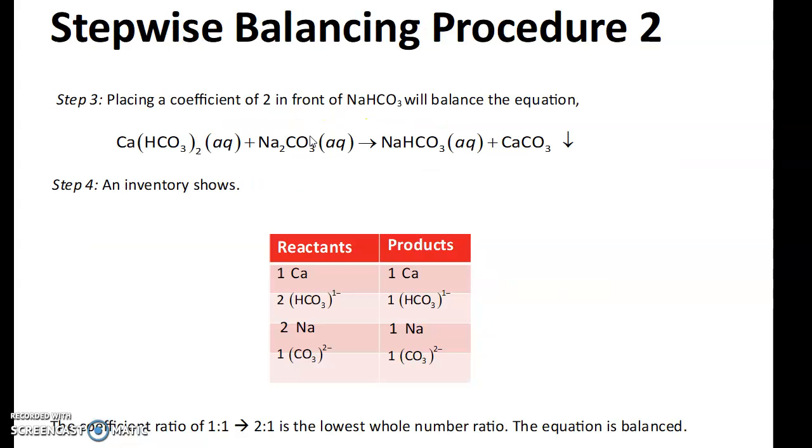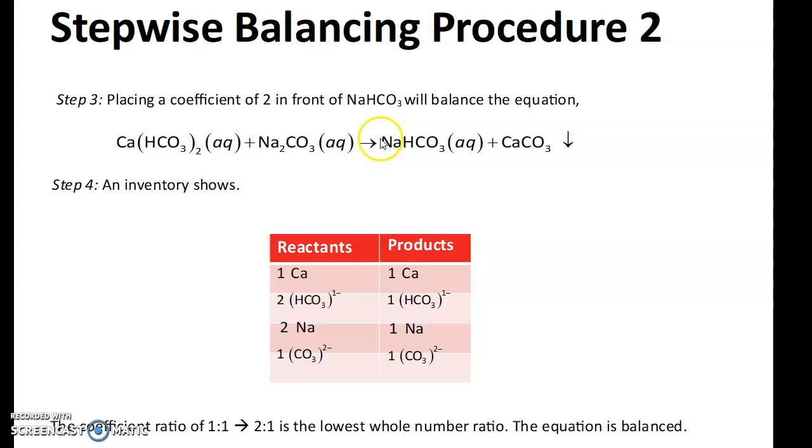Oops. So if you put that here, you'll then have 2 on each side here. You'll have 2 of these, you'll have then 2 of these here, 1 here, and 1 there, right? So the inventory then gives you the following ones in terms of all of the ions. The coefficient ratios are 1 to 1 on the reactant side, going to 2 to 1 on the other side. Okay, so you have to have a 2.